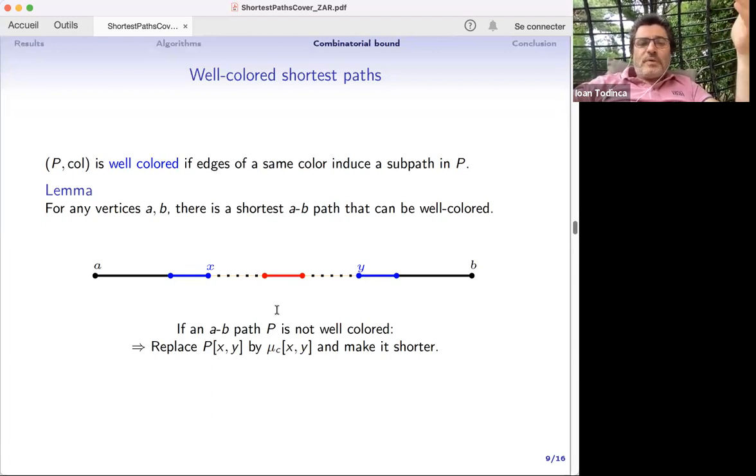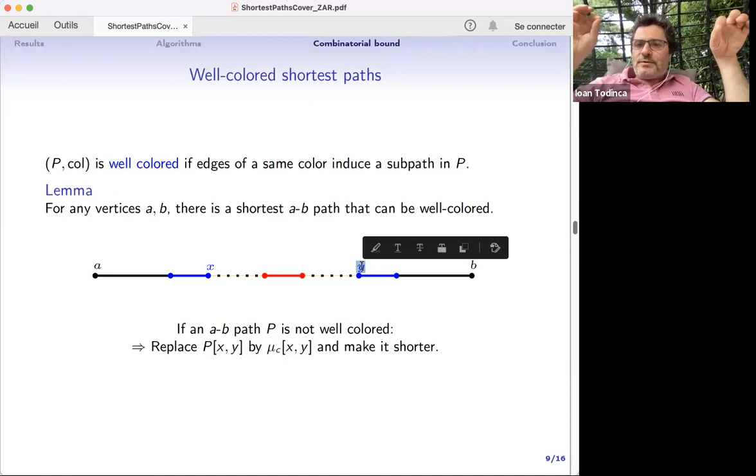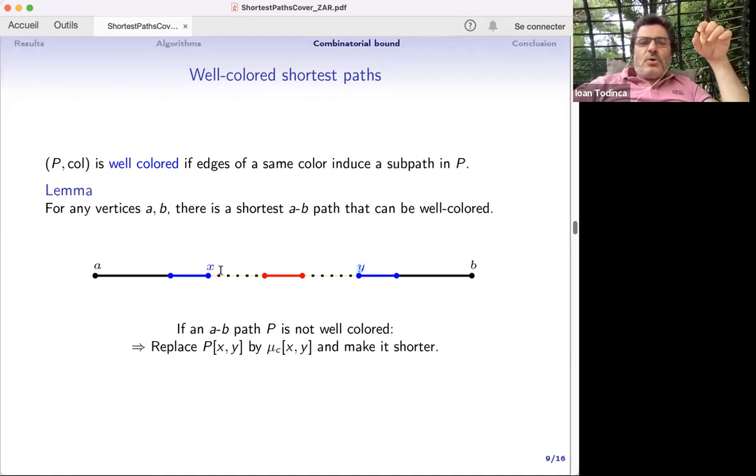Why is that? Assume that I have a shortest AB path which is not well colored, because somewhere I have an edge colored blue, then another color, and then later another edge colored blue. So my blue color is not connected. Then it means that this vertex X and this vertex Y are both on the blue shortest path. So I can replace all this dotted subpart with a blue path.